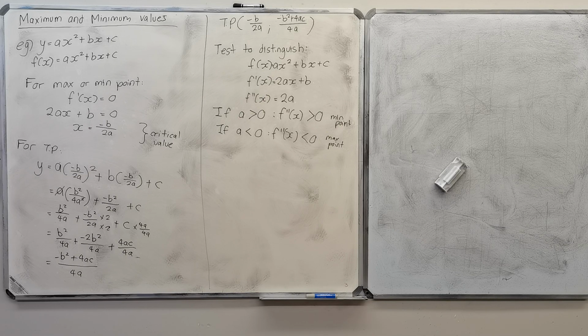It has no effect on how your graph will look. It's not a point on the graph. It's just used to distinguish whether your graph is at a maximum or a minimum at that turning point. Please don't confuse yourself.